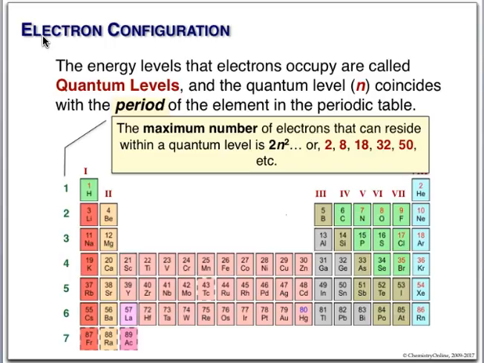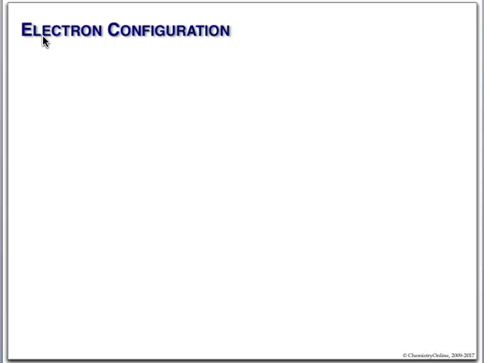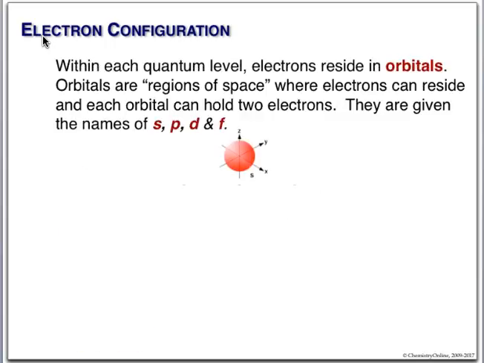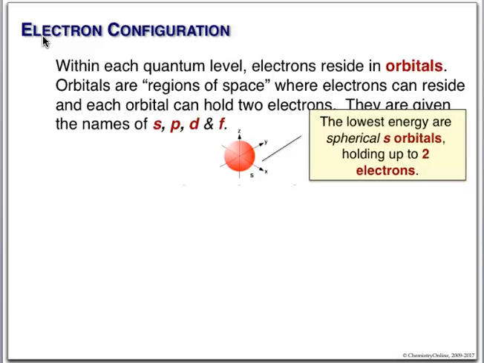Within each of these energy levels, the electrons live in what are known as orbitals. Now, the simplest orbital is spherical, called an S. It's a little ball. So electrons live in this little ball. What that means is, in this region of space, you are likely to find an electron.